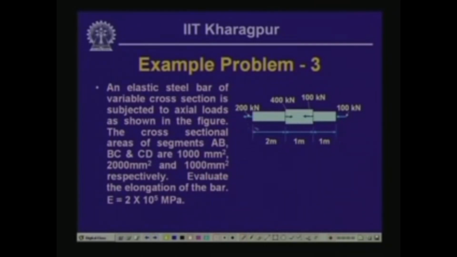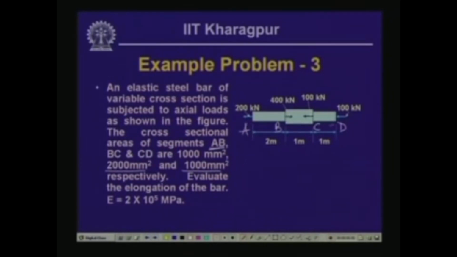Here for this particular stretch of the bar we have one cross sectional area. Let us call this A, this is B, this is C, this is D. Now, segment AB has an area of 1000 millimeter square, segment BC has 2000 millimeter square, and segment CD is 1000 millimeter square.